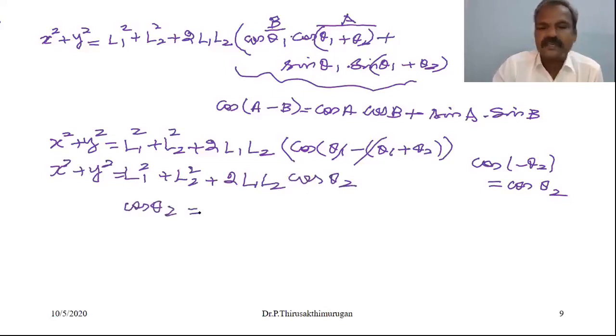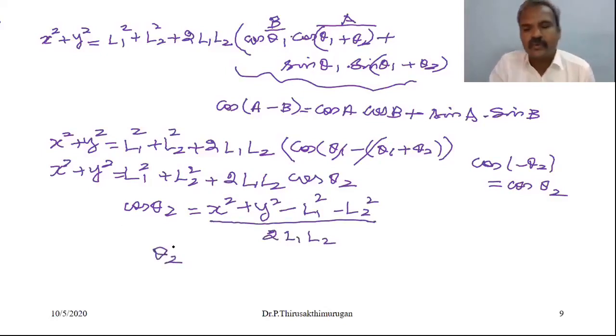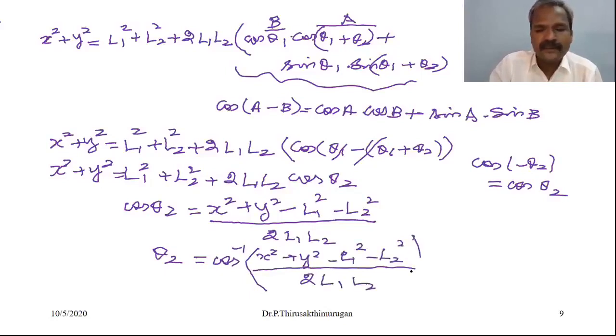Cos theta 2 equals, keeping 2 L1 L2 term on one side, x square plus y square minus L1 square minus L2 square, and the 2 L1 L2 goes to the other side in the denominator. So the second joint angle can be easily determined: theta 2 equals cos inverse of x square plus y square minus L1 square minus L2 square, whole thing divided by 2 L1 L2. This is equation number 3.